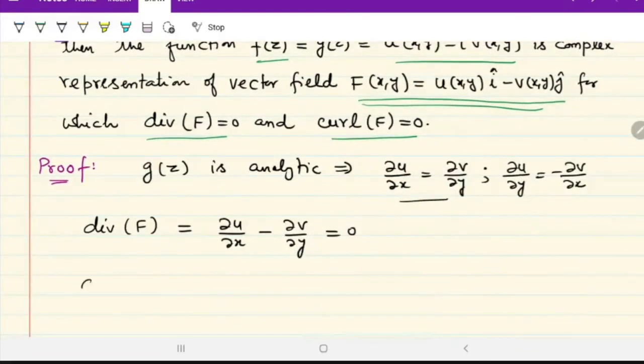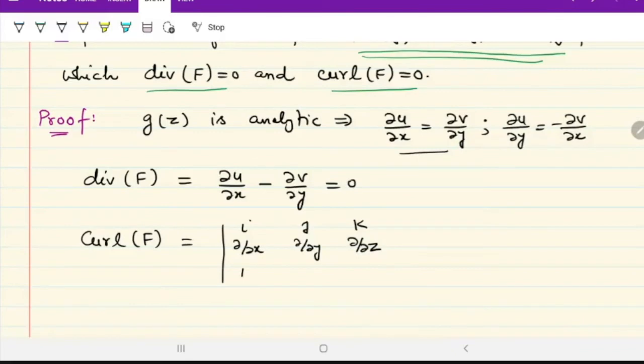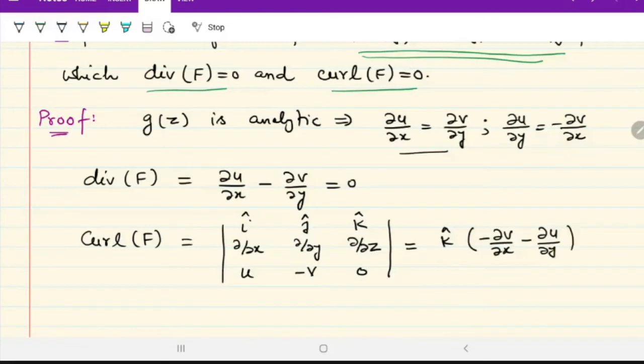And similarly, if you compute the curl of F, we have to compute the cross product of the gradient, that is del over del X, del over del Y, del over del Z, with F, which is U, minus V, and 0. When you compute this cross product, there should be a k cap over here. Then it will be minus del V over del X minus del U over del Y. So from this equation, you see that this quantity will be 0.